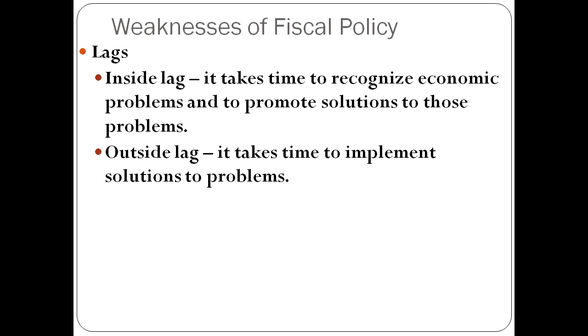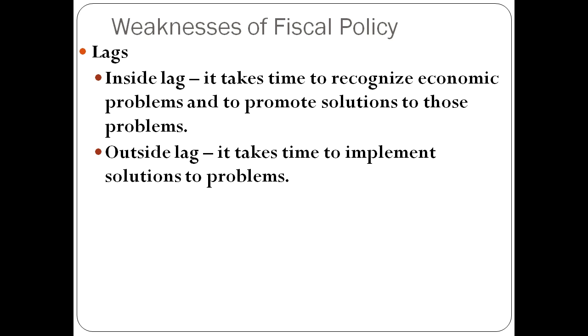Then you have the outside lag. It takes time to actually implement the solution to the problems. And this is very high for fiscal policy, because in order to do fiscal policy, you have to have the president, you have to have the Congress act on it. So remember, you have 435 members of the House, you have 100 senators, you have one president. Okay, so a high percentage of these has to agree on some sort of policy.